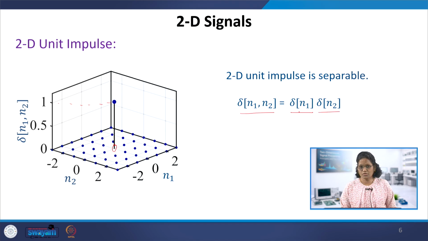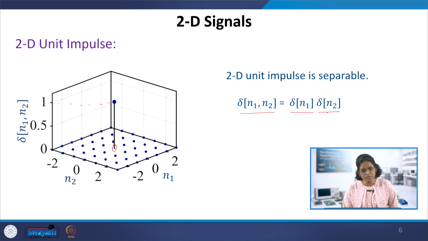So it is the multiplication of two sequences, one with respect to n1 and the other with respect to n2. If we are able to split a two-dimensional sequence into two one-dimensional sequences of n1 and n2, here del of n1 and del of n2, then that function is separable.